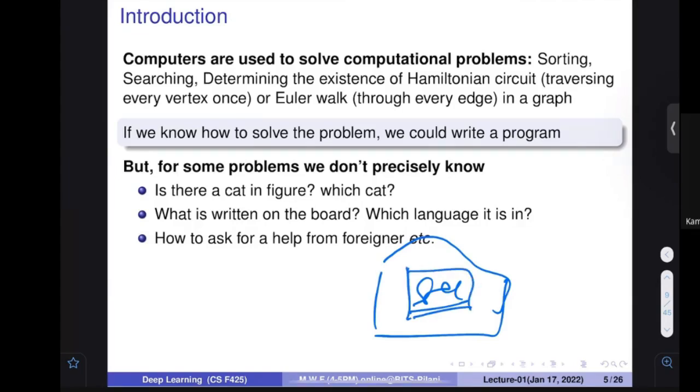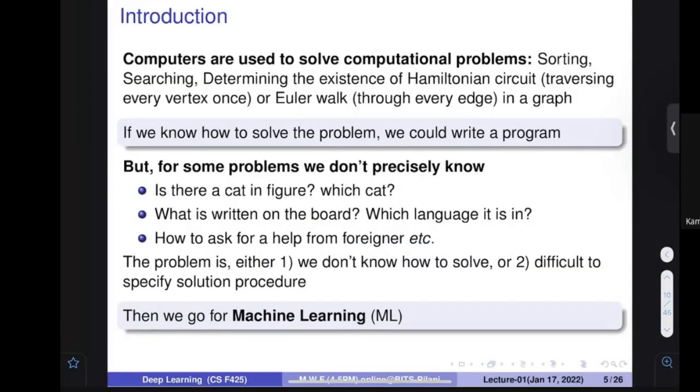If you don't know the language, you can say that nothing is written on the board. So again, it becomes a very difficult question to answer. Which language is it in? Again, it is a difficult kind of problem. How to solve those things? How to ask for help from a foreigner? So for these kinds of problems, either we don't know how to solve them, or it is very difficult to specify the solution procedure.